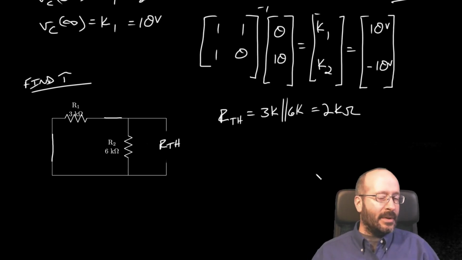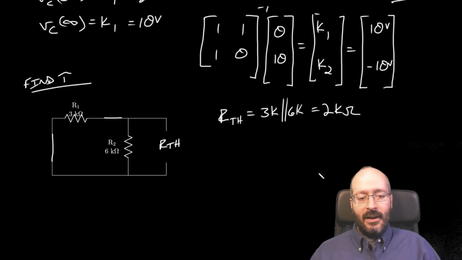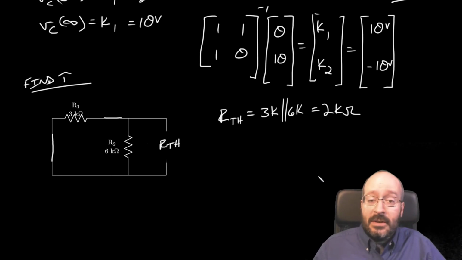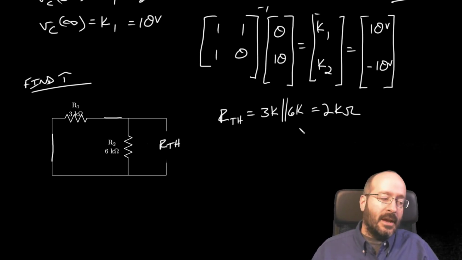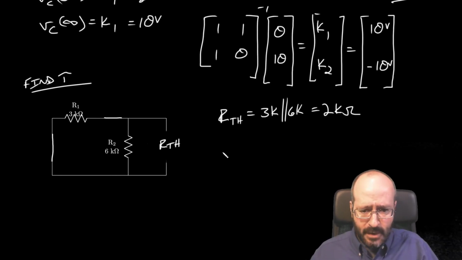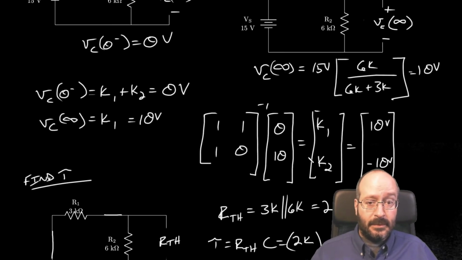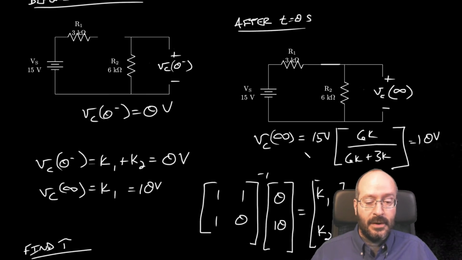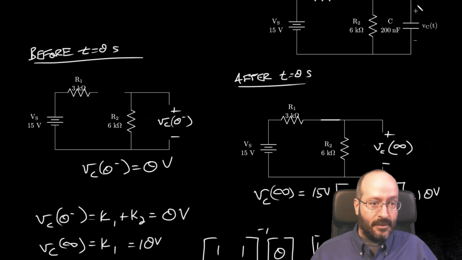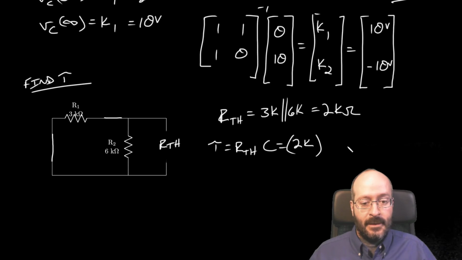That's a common enough one that I'm not going to plug it in my calculator, but sometimes you got to use a calculator, right? It's 3K in parallel with 6K. Tau is then R Thevenin times C, whatever that is. So it's going to be 2K times 200 nanofarads. I got that from the first schematic up here.